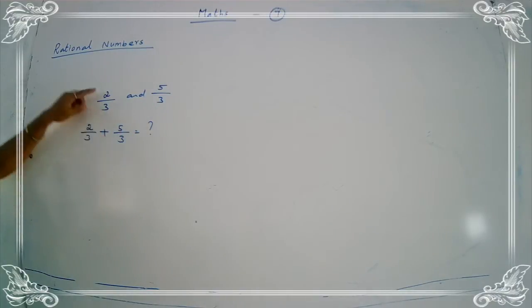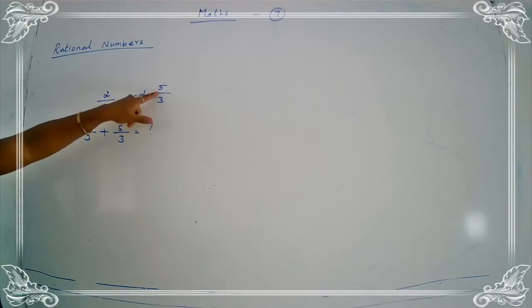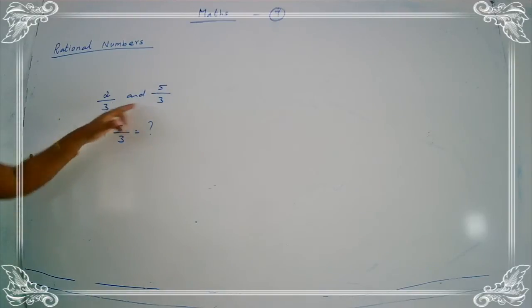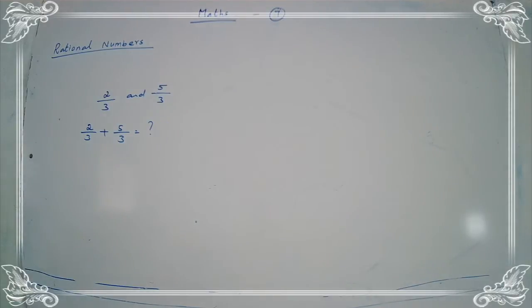Why? You see the denominator. 2 is the numerator, 3 is the denominator; here 5 is the numerator and 3 is the denominator. These two fractions have the same denominator, that is 3. Any fractions having the same denominator are like fractions. It is easy to add or subtract them.